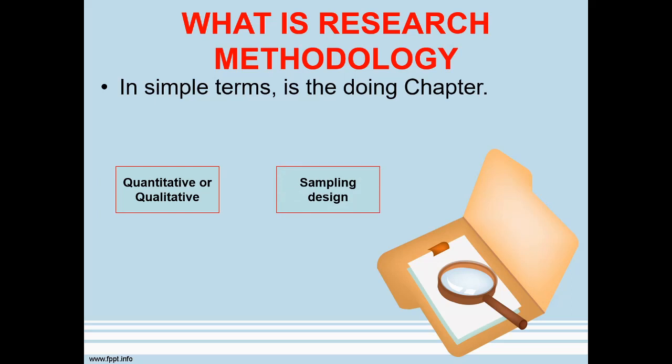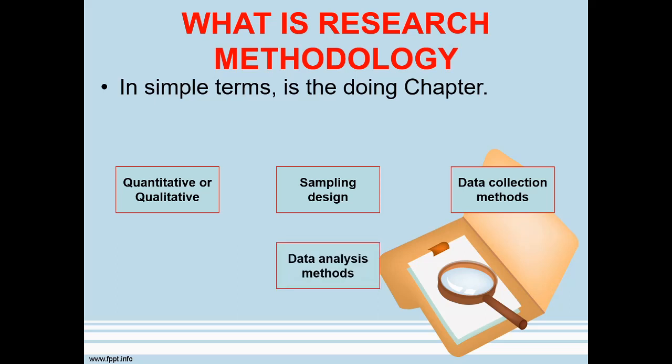The third is how to collect it, which is also captured as data collection method. And the last but not the least is how to analyze this, which is also captured as data analysis method.